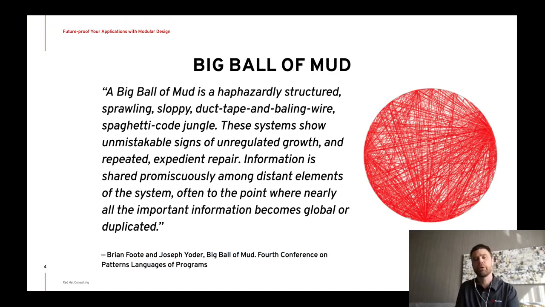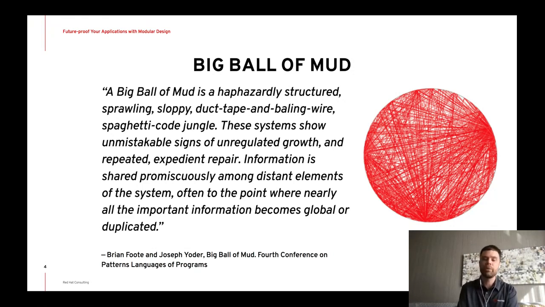So next, let me talk about something called the big ball of mud. The big ball of mud is a haphazardly structured, sprawling, sloppy, duct tape and baling wire spaghetti code jungle. These systems show unmistakable signs of unregulated growth and repeated expedient repair. Information is shared promiscuously among distant elements of the system, often to the point where nearly all important information becomes global or duplicated.